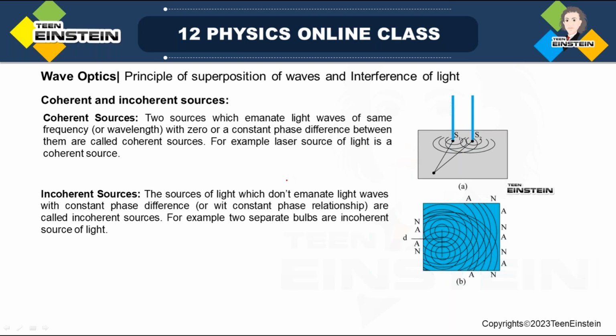Not only for light, even for other waves like sound waves, interference will happen when two waves are coherent waves. For having coherent waves, we need coherent sources of waves. So now I am discussing what is called a coherent source and what is called an incoherent source.